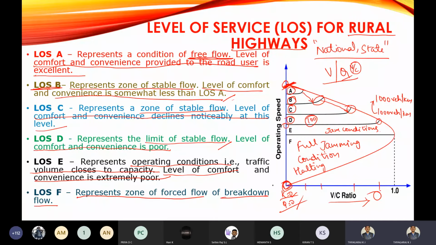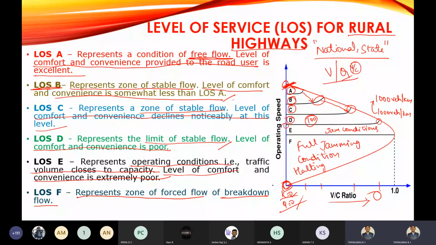Level of service C represents the zone of stable flow, but here comfort and convenience is going to decline noticeably. Then level of service D, limit of stable flow, comfort and convenience is poor in nature.